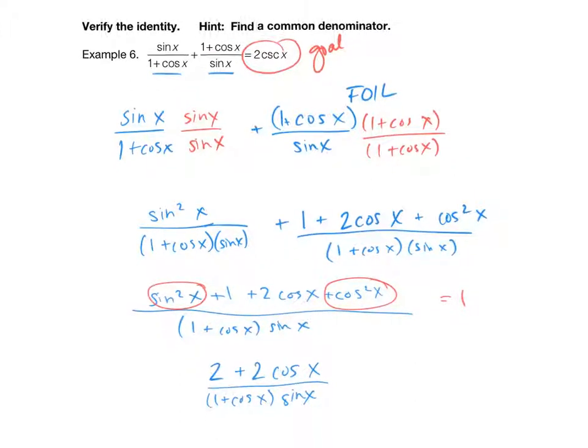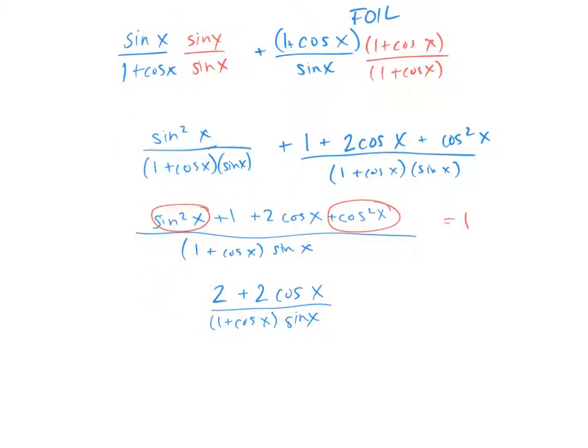And now I actually have to scroll a little bit. And I can then factor out of the top. I know we just loved rational expressions in Algebra 2, but I can factor out a 2. So I have 2 times 1 plus cosine x. And now we see why we left the bottom the way it was, because 1 plus cosine x is in both the top and bottom.